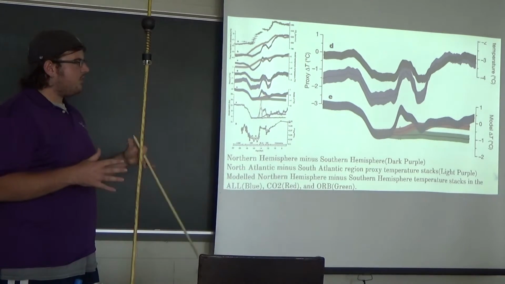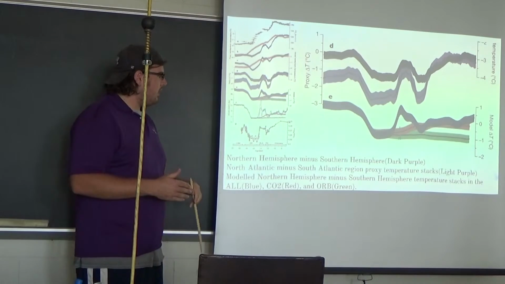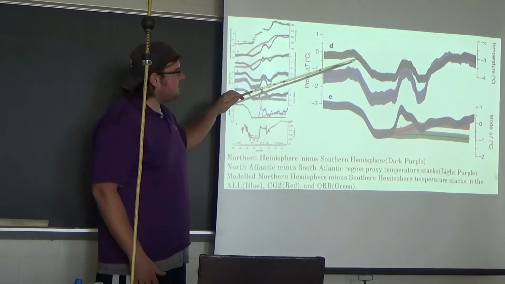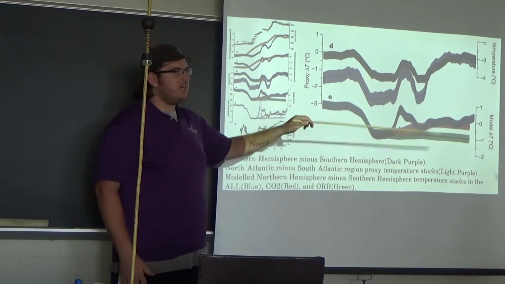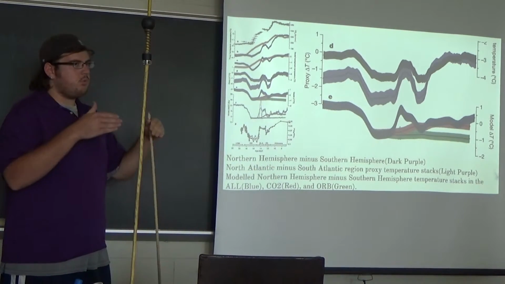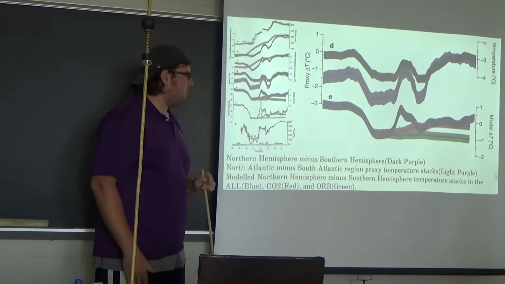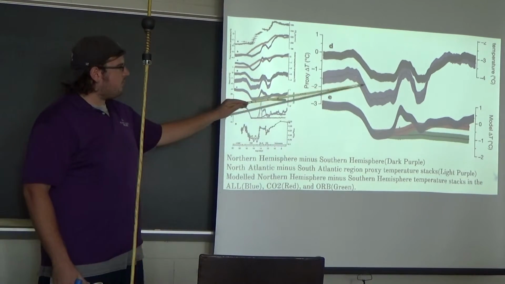So then we look at temperature differences in between the two. Northern hemisphere minus the southern hemisphere is the dark purple line up top. And this is mainly showing that there was a strict oscillation between warming and cooling of the Earth in multiple diagrams, including the North Atlantic.